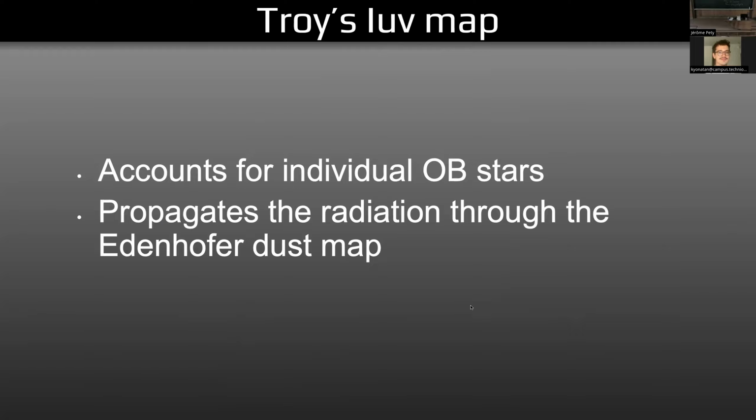And as an end result, Troy Porter obtained the map that is going to be published with our paper. And it looks like this. What you see here is, again, the UV map obtained by propagating through the Edenhofer dust map.